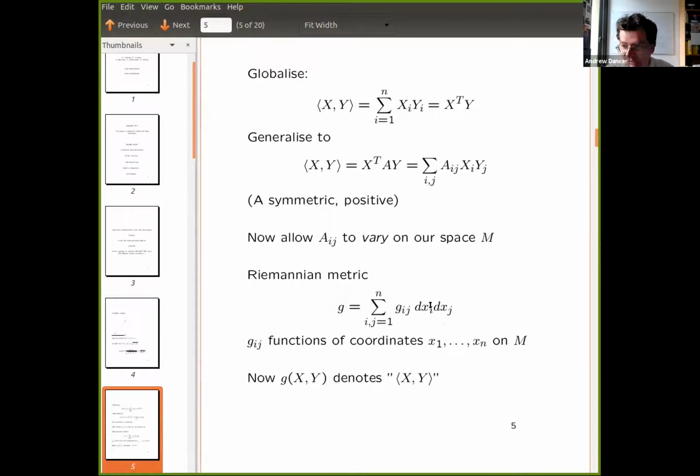Sometimes people would put a tensor sign in between the dx_i and the dx_j. And the point is, this is just a global version of the inner product, what I wrote at the top of the page. But now the inner product is varying from point to point on our manifold, because the g_ij are no longer constants. These are actually functions of our local coordinate system x_1 through x_n on the manifold.